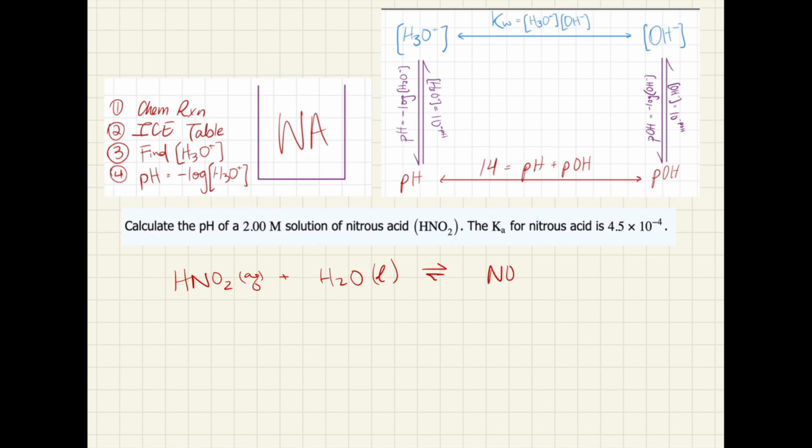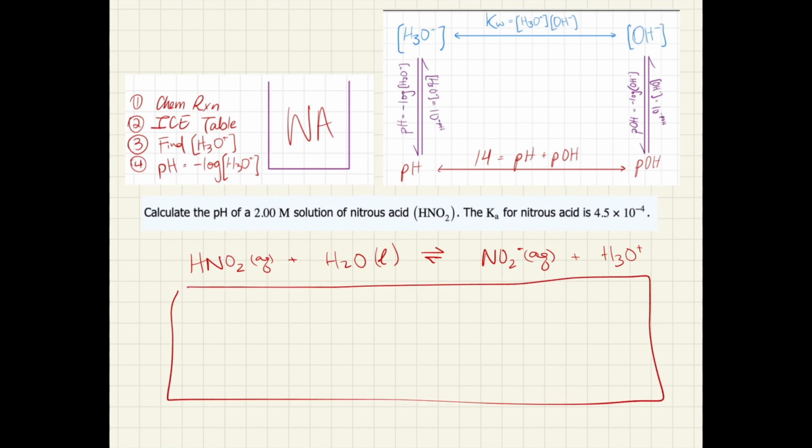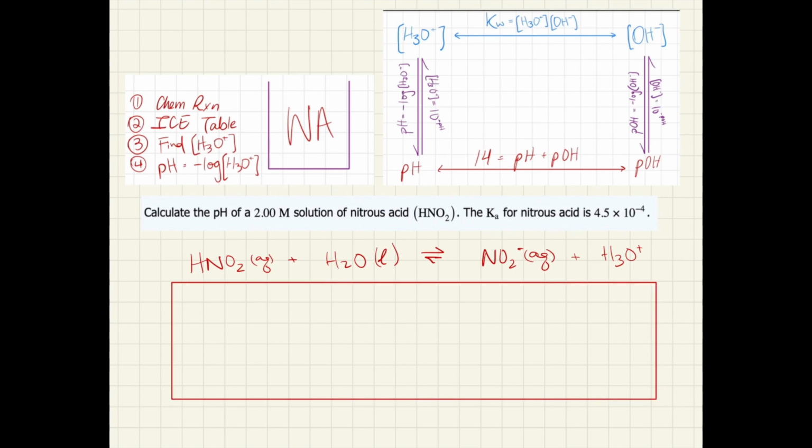You're left with the conjugate base and hydronium. This is super duper typical of weak acids. You're left with a conjugate base and hydronium. But it's our job to figure out the concentration of hydronium at the end. So my whole goal is to figure that out right there.